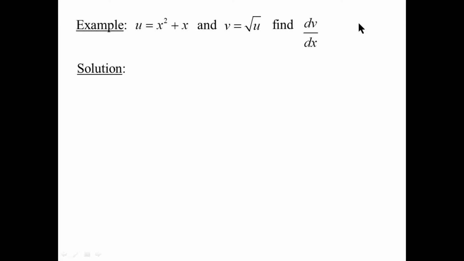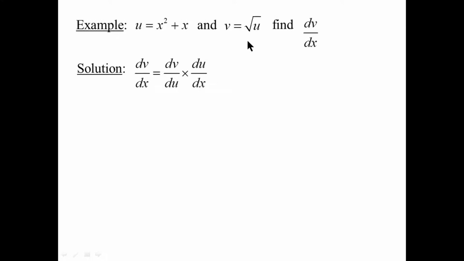Solution. Well, we need a link in a chain between v and x. So dv by dx equals dv by du times du by dx. Checking our work here, these would cancel. And now we've made this chain between v and x. dv by du is easy to do.